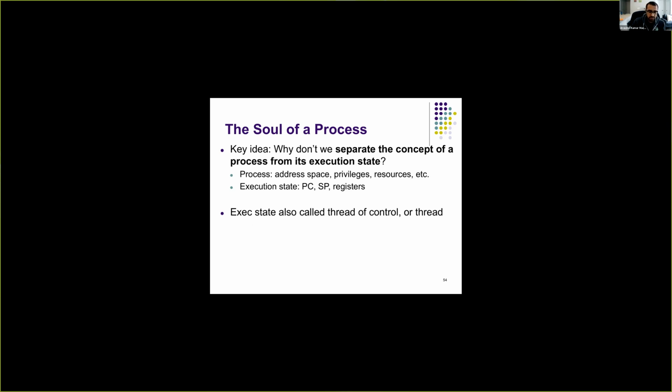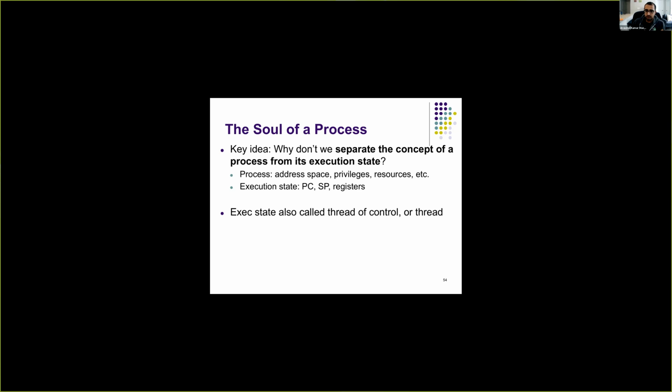So the key idea is, can we separate the execution state out of the process? Basically, now the process control block doesn't contain execution state. The execution state is a separate entity from the process control block. Now a process is just address space, privileges, and resources, whereas execution state is separated from the process. And this execution state is also called a thread of control, or thread.